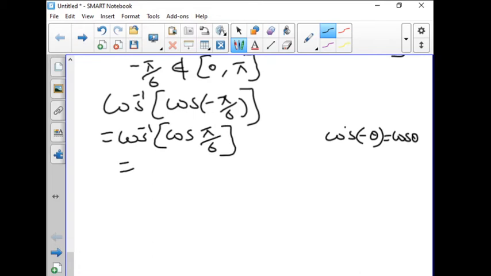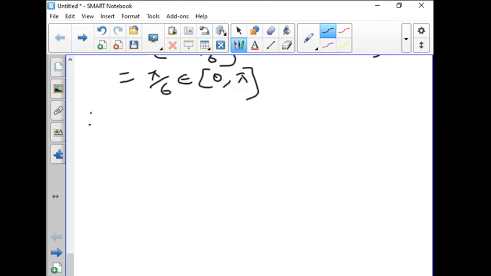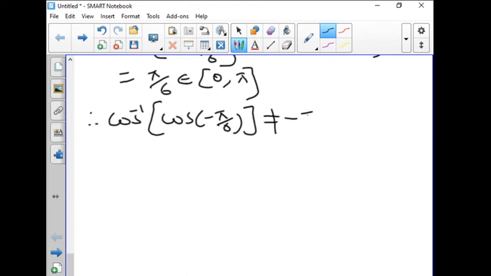Cos inverse and cos get cancelled. Therefore, it is equal to pi by 6. And pi by 6 belongs to the interval 0 comma pi. Therefore, cos inverse of minus pi by 6 is not equal to minus pi by 6.